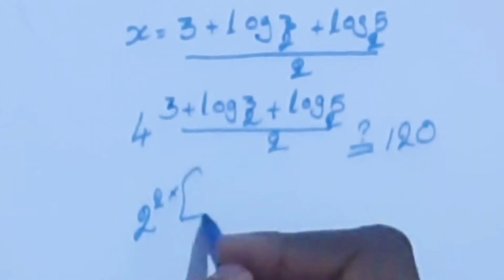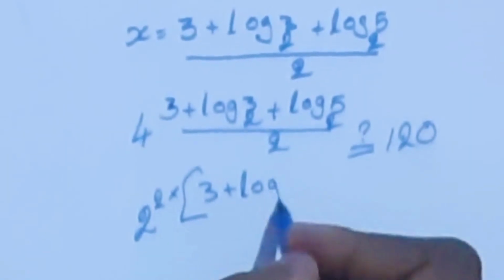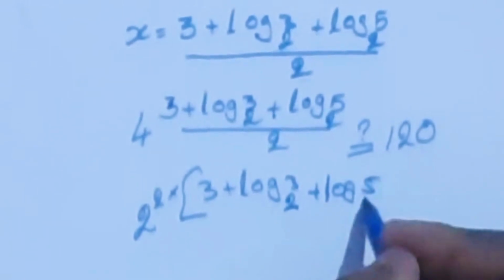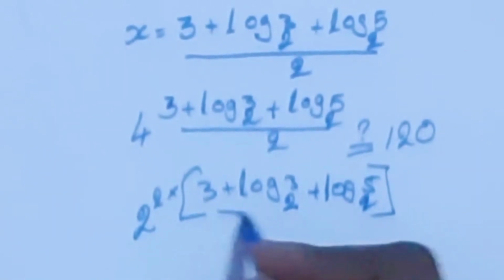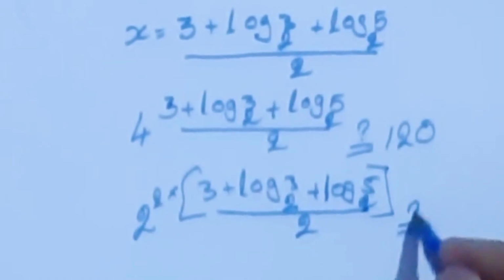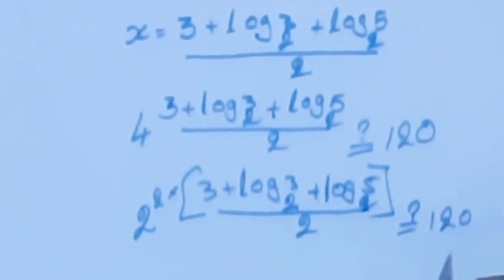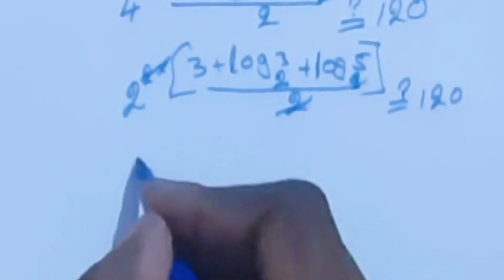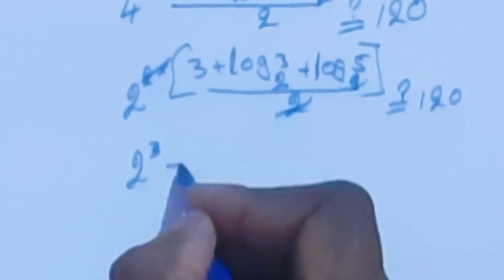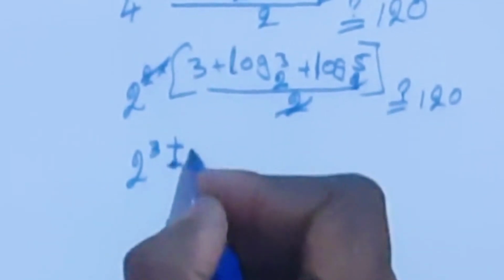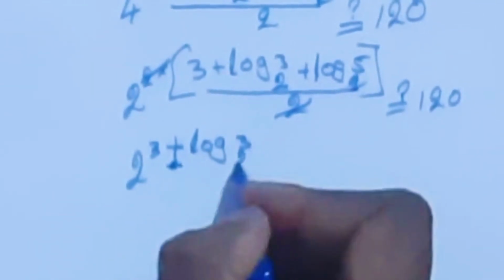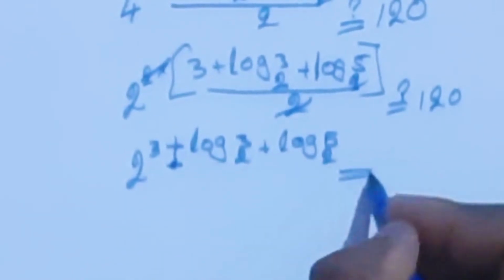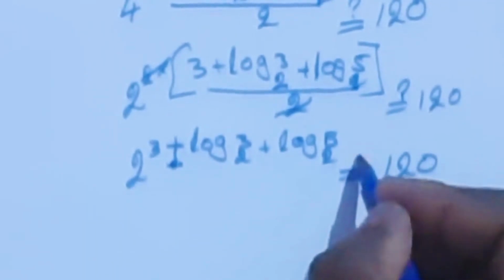This is 2 power 2 times 3 plus log 3 base 2 plus log 5 base 2 whole divided by 2 equal to 120. Now this 2 cancels this. So we have here 2 power 3 plus log 3 base 2 plus log 5 base 2 equal to 120.